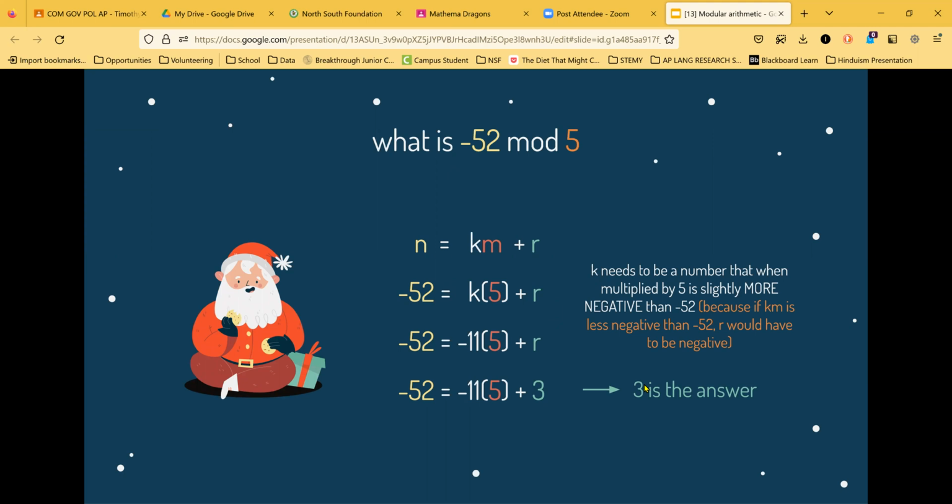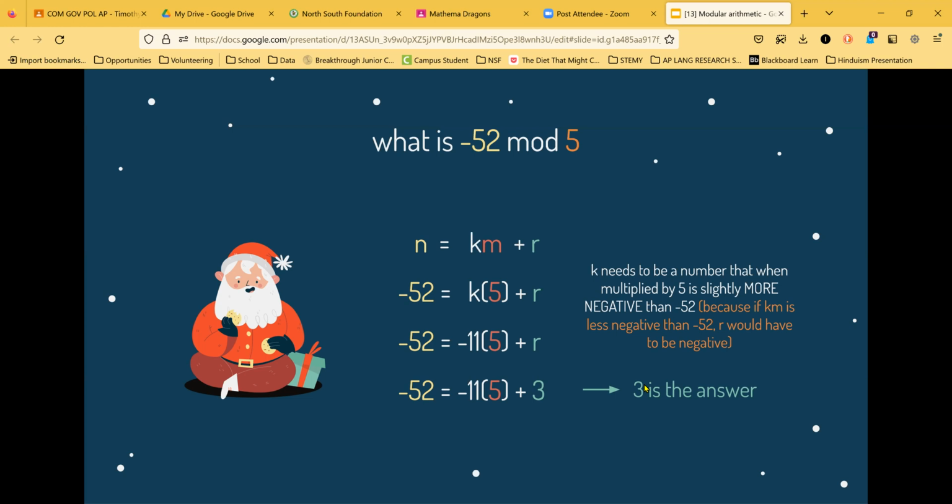If we use that original concept from the previous slide, we would have a number by which we can multiply that modulus and add to the remainder in order to get that original number. So there's a number by which we can multiply 5 and add some number r to in order to get negative 52.